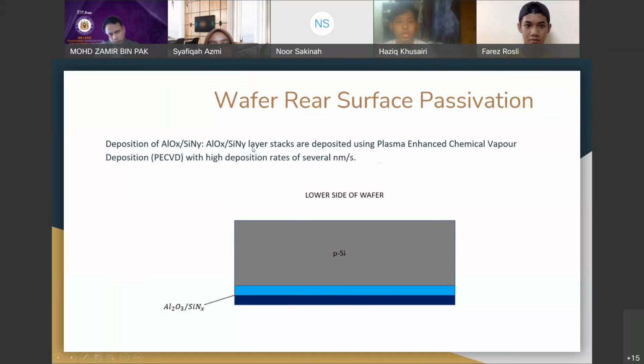Aluminum oxide or silicon nitride layer stacks are deposited using plasma-enhanced chemical vapor deposition, PECVD, with high deposition rates of several nanometers per second.